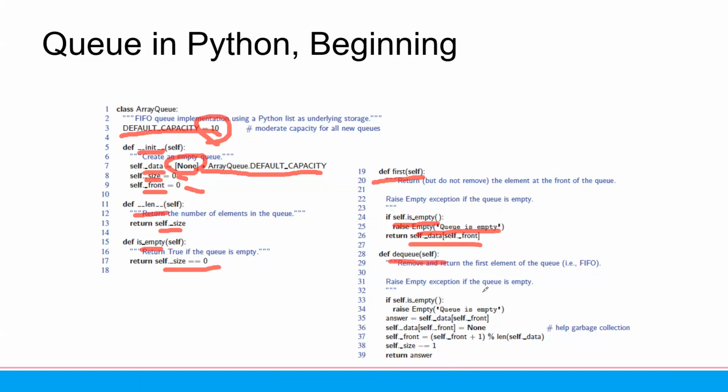Now for dequeue, you can see what we already learned from the pseudocode. This is the Python code. If it's empty, then raise the exception: queue is empty. And then the answer is the front.